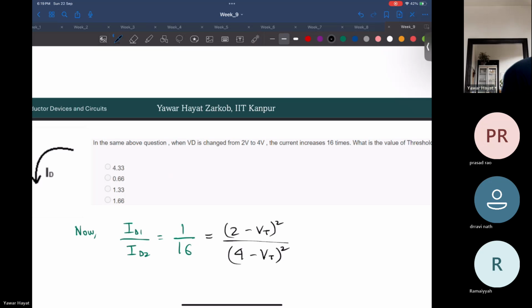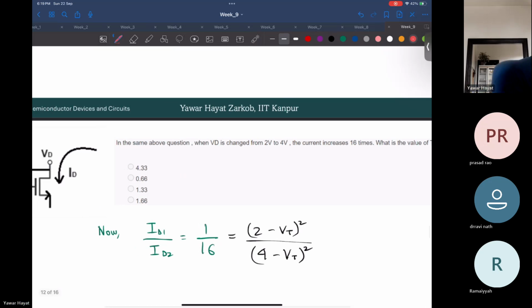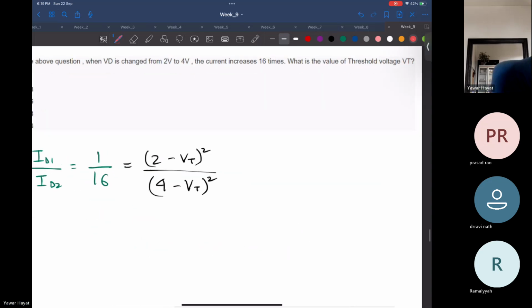Right. So this implies I'll have 4 minus Vt equal to 4 times 2 minus Vt. I took square root, right? So what does this imply?